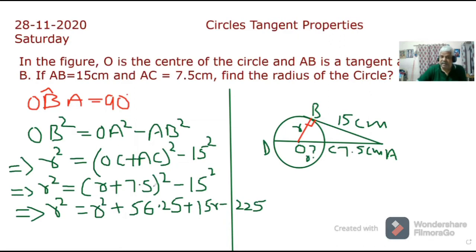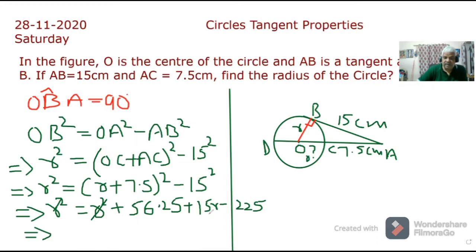B square is 7.5 whole square, 7.5 square is 56.25. And 2AB, 2 into first term into second term, 2 into R is 2R into 7.5 gives you 15R, minus 225. Now on both sides R square gets cancelled.